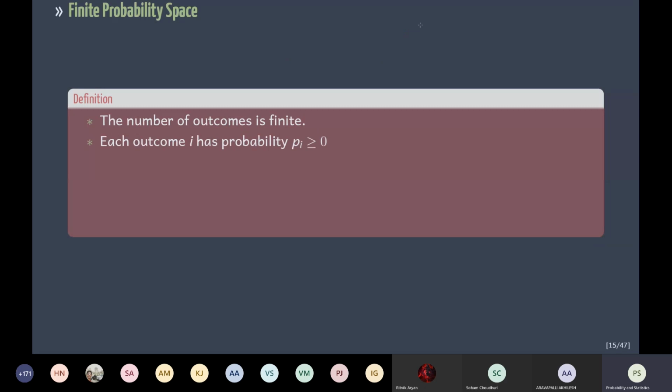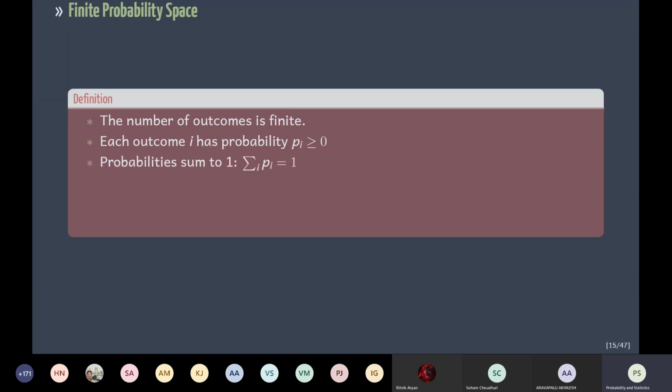Let us say the outcomes are tagged by numbers, and outcome i has probability greater than or equal to 0. Probabilities cannot be negative: either an event may not happen, or it will happen with some probability. So negative doesn't make sense here.